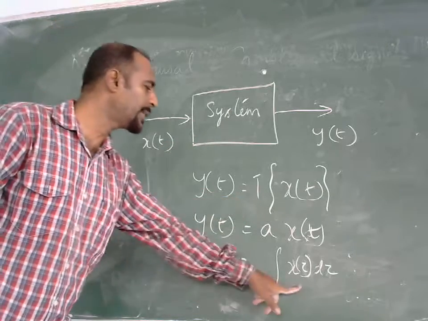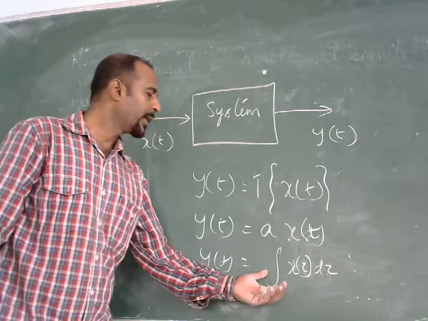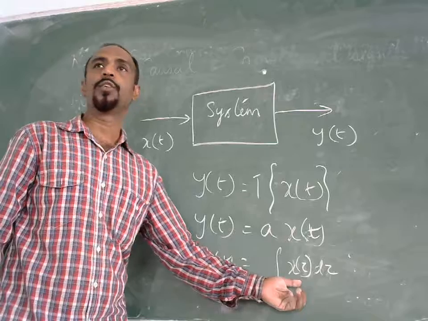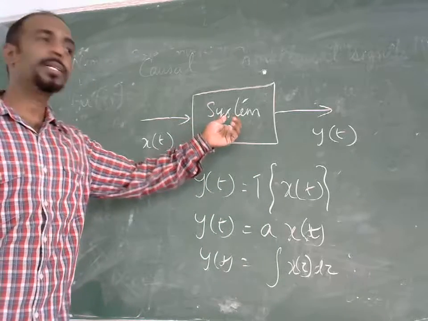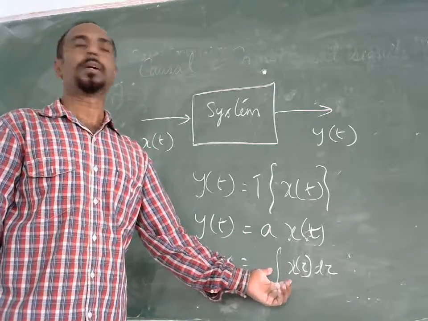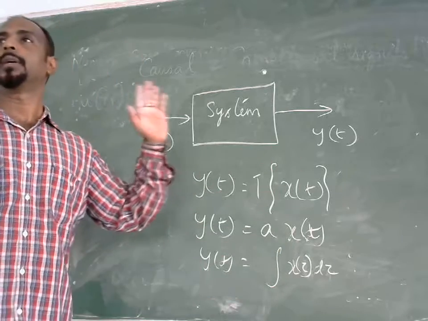Now because of this operation, what has happened? It has become an integral. So what is the operation performed on x of t? It is the integrating function. Okay, so it is the integration operation being performed. So the system is an integrator. It can be a differentiator, amplifier, and so on.